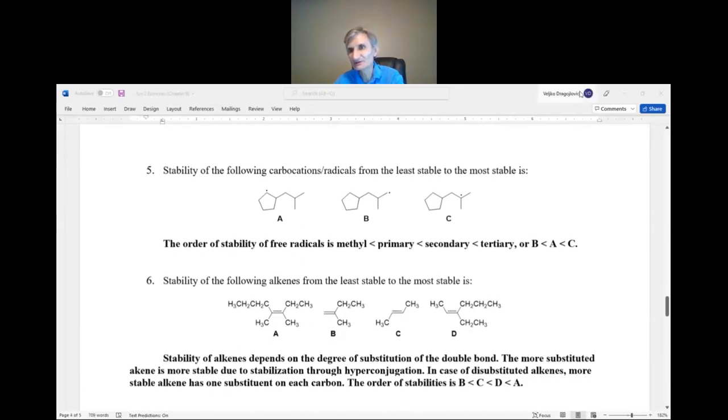Let me check if there are any questions. Because next is a little bit, how do you know it is syn addition? Well, that's covered in the chapter. Actually, it's not syn addition, it's anti-addition, but that's covered in the chapter, and you know that from the mechanism. So depending on the reaction mechanism, you have to examine reaction mechanism. It's explained in the videos on YouTube that I posted on YouTube.